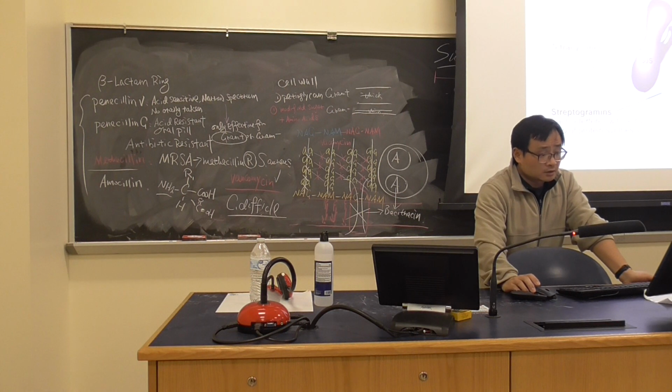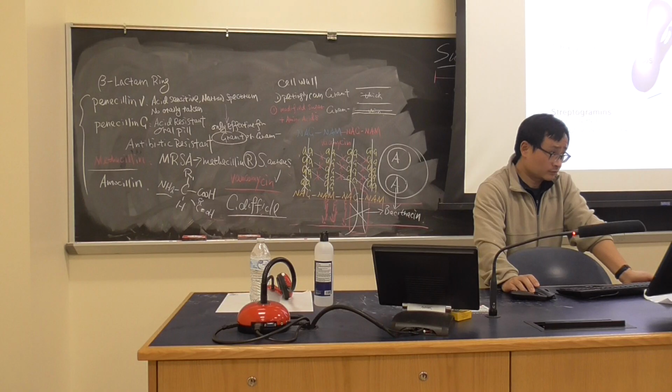Chloramphenicol. Around 70 years ago, in the 1950s, chloramphenicol was used a lot because it's a very effective broad-spectrum antibiotic. It can kill both gram-positive and gram-negative bacteria very effectively.